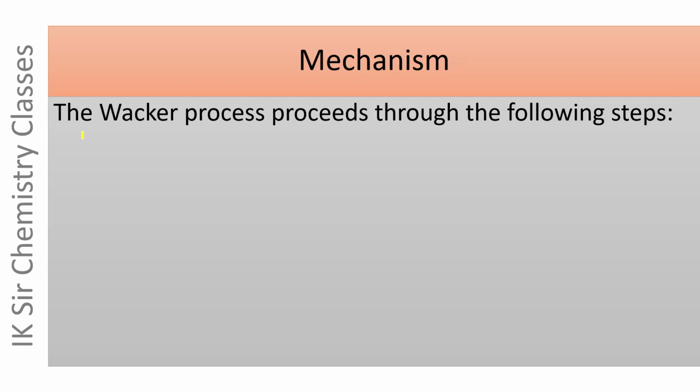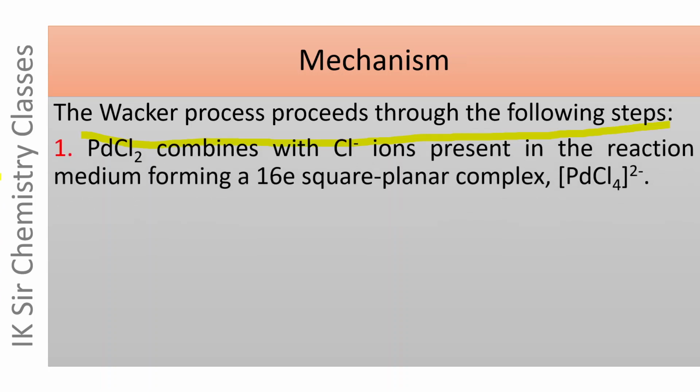Mechanism. The Wacker process proceeds through following steps. First of all, PdCl2, the catalyst, combines with Cl- ions present in the reaction medium, forming 16 electron square planar complex PdCl4 2-.